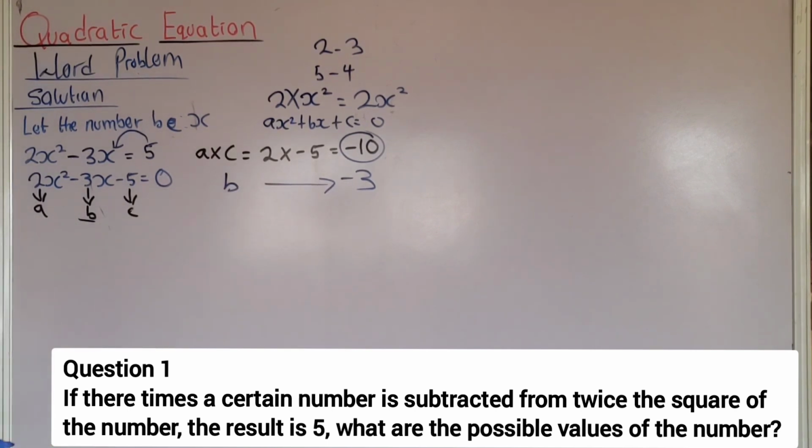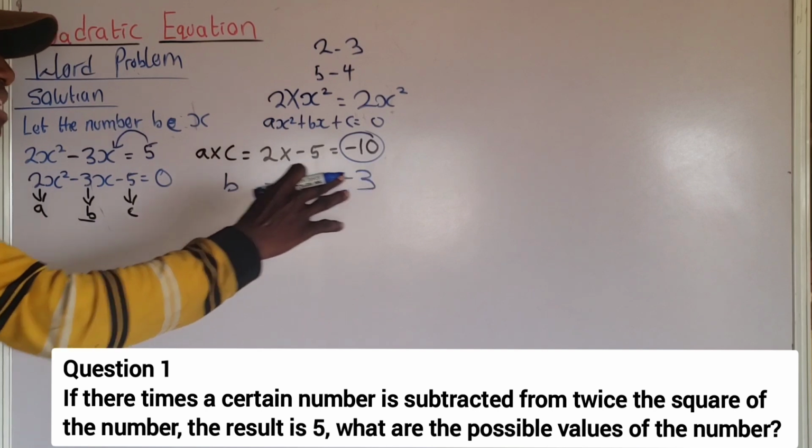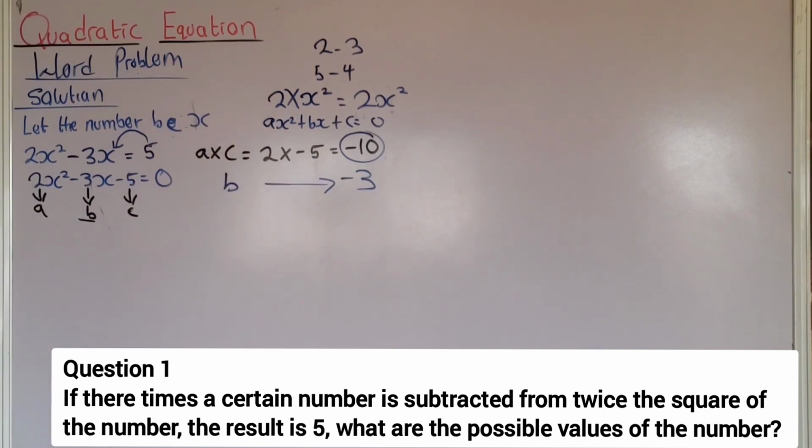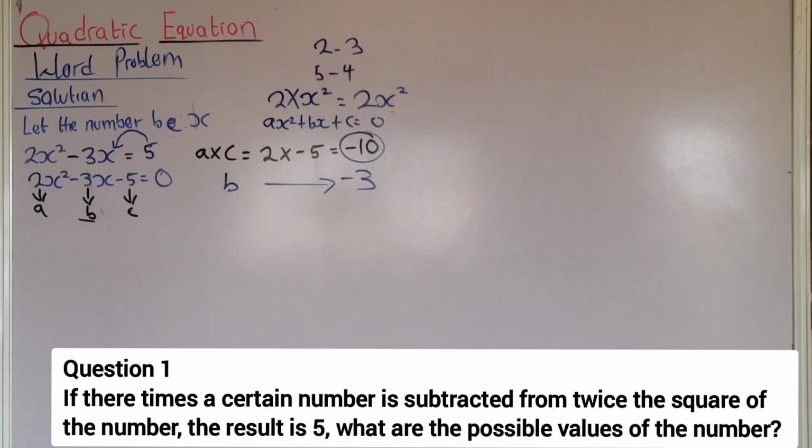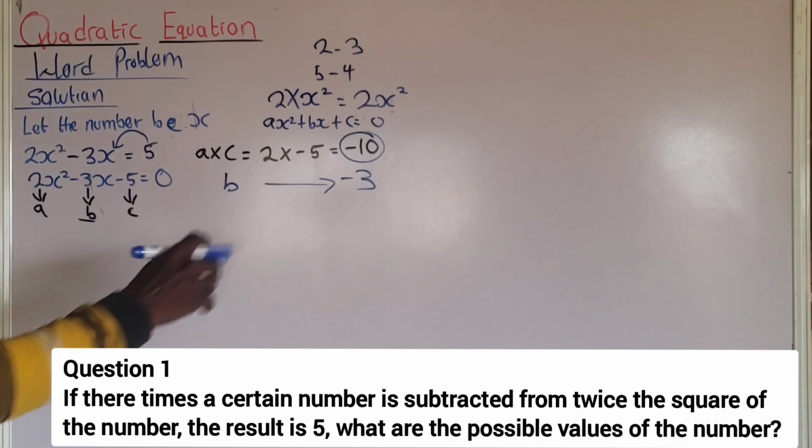Having gotten to this point, the next step is that you have to think of two numbers such that when you take the product of these two numbers, you get negative 10, and if you add them together, you get negative 3.